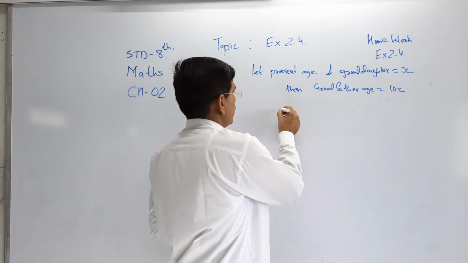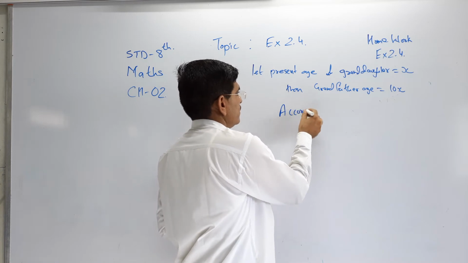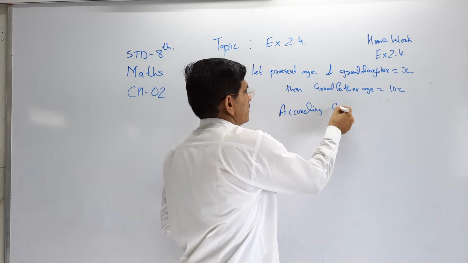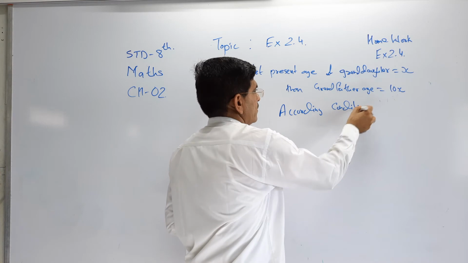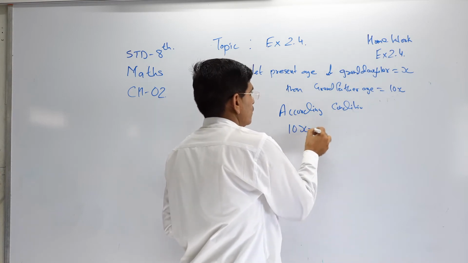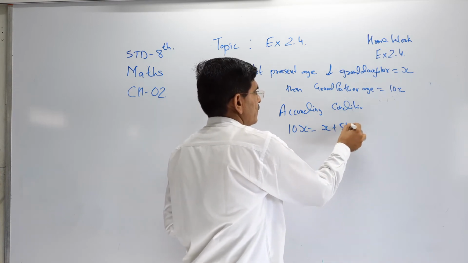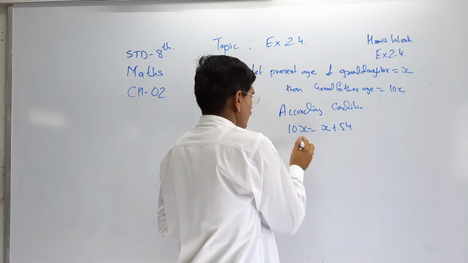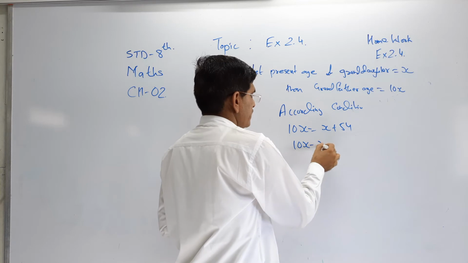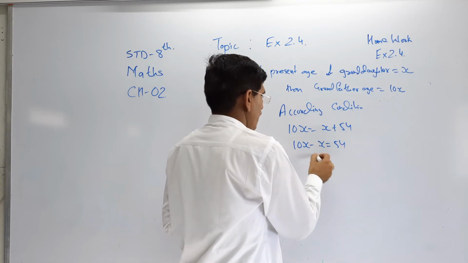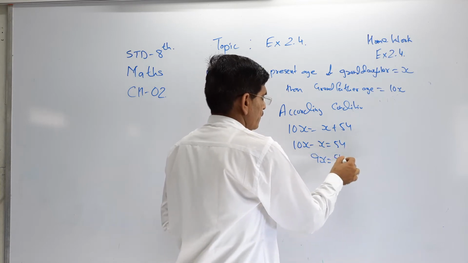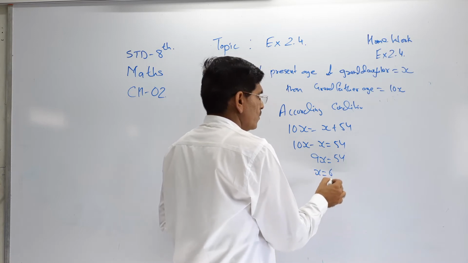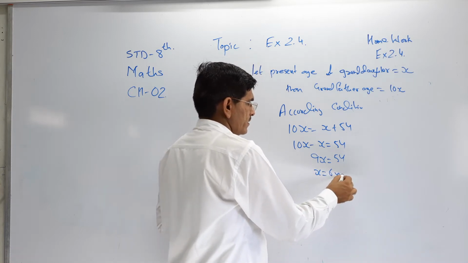According to the condition, 10x is equal to x plus 54. So 10x minus x is equal to 54. 9x is equal to 54. x is equal to 6 years.